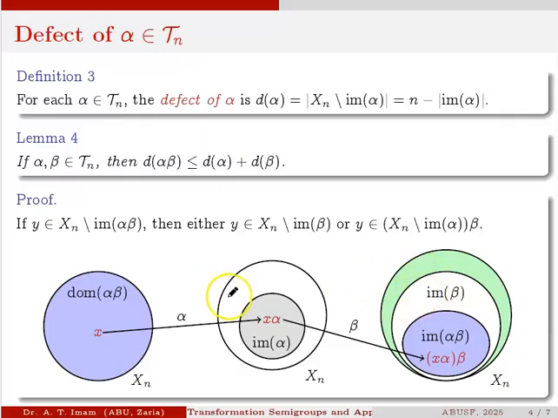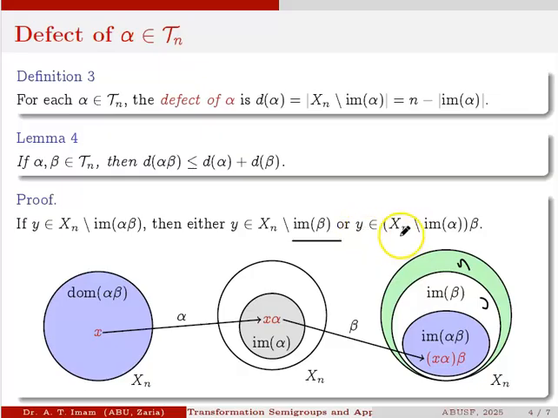If you pick a y from outside of the image of this product, that y may either be here, or it may be a point here. If it is here, then it means it is outside the image of beta. And if it is here, then that y is in the image.